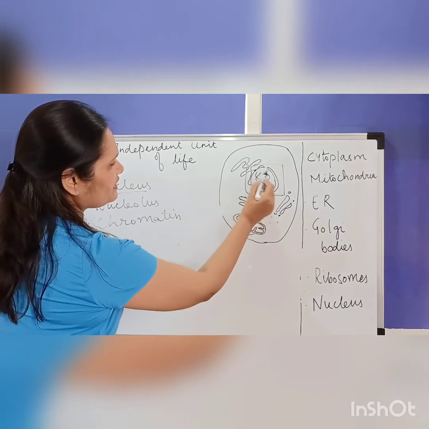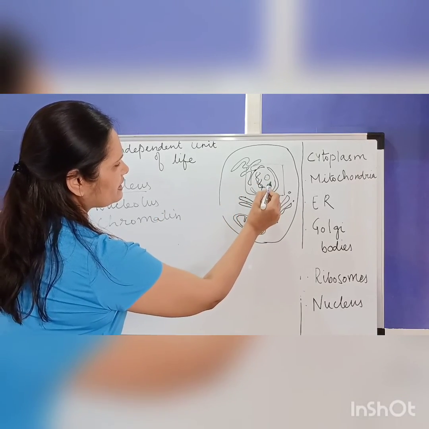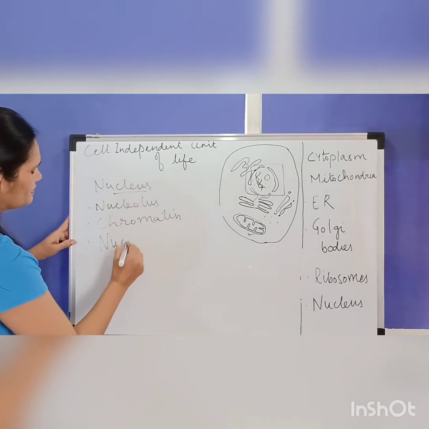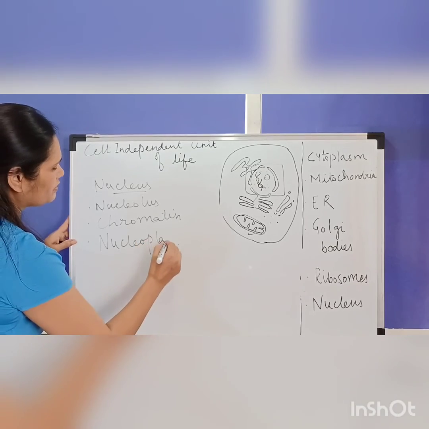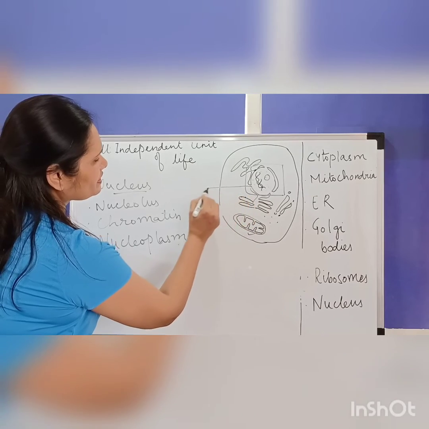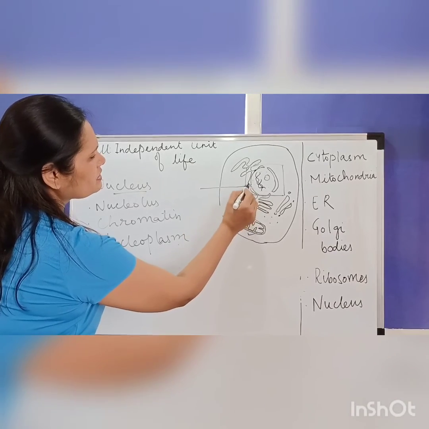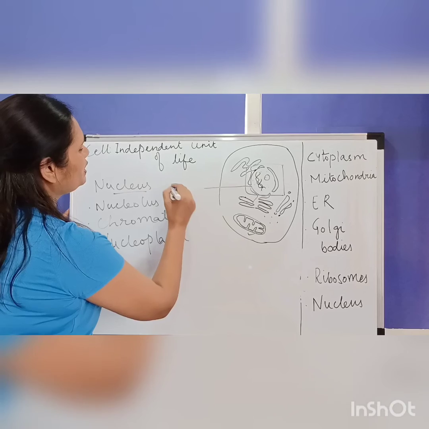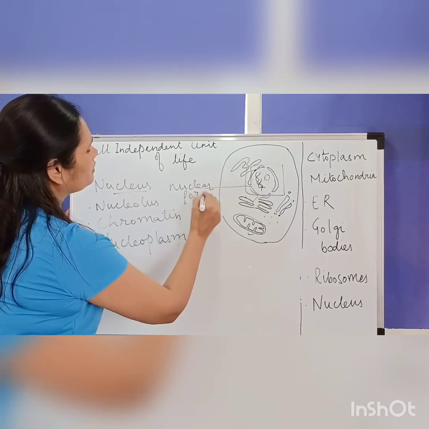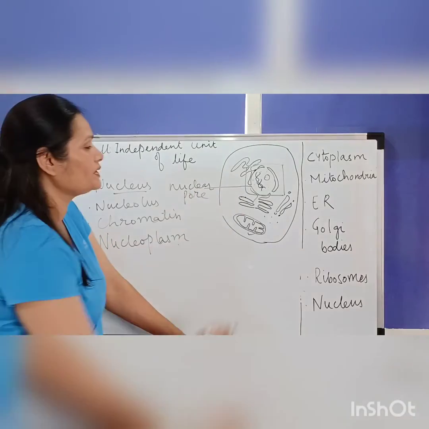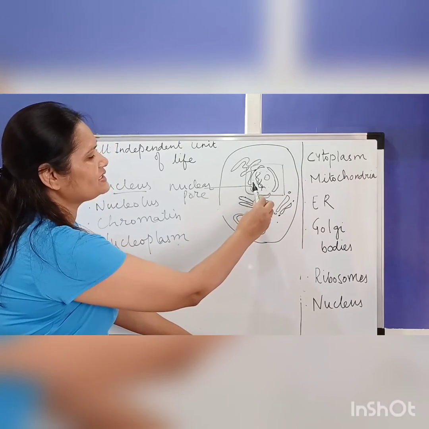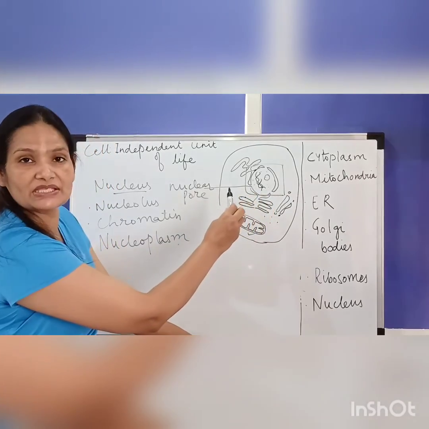Whatever matrix is present inside the nucleus is called nucleoplasm. And there is a gap in this membrane, called the nuclear pore. This nuclear pore helps in the transport of substances from nucleoplasm to cytoplasm.